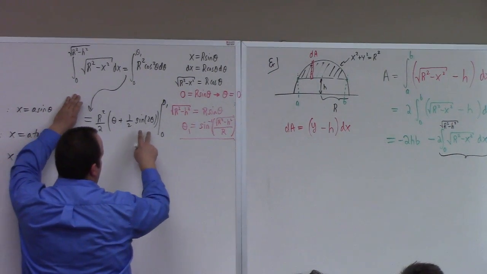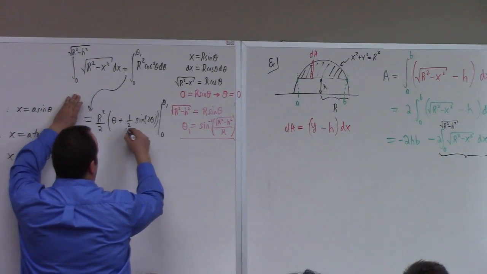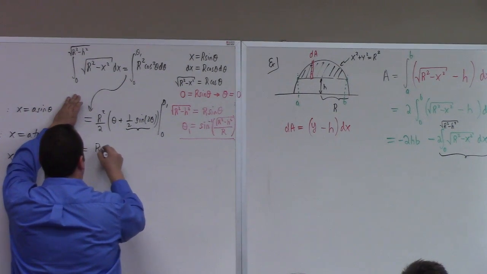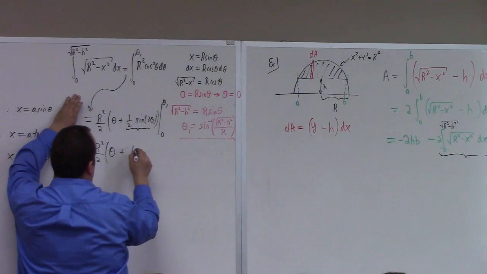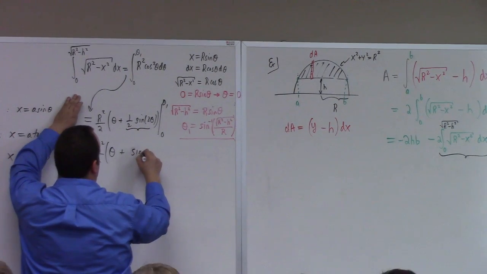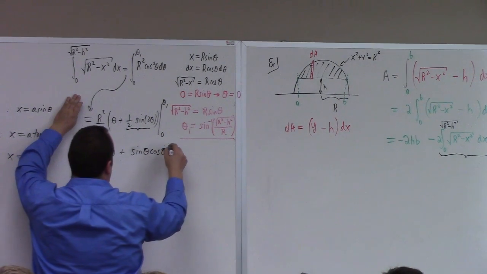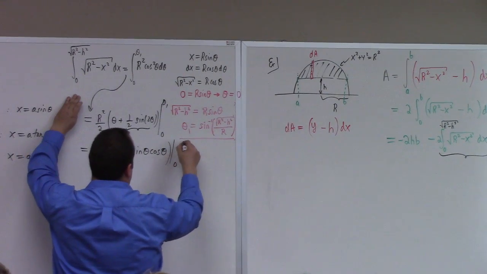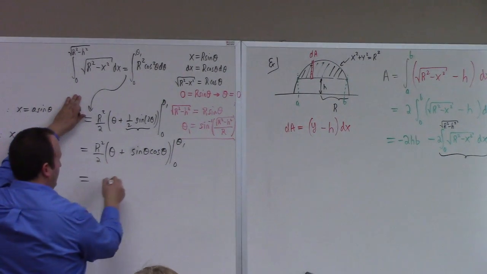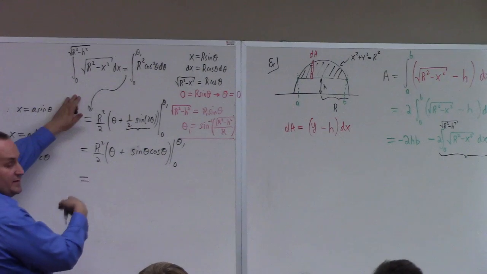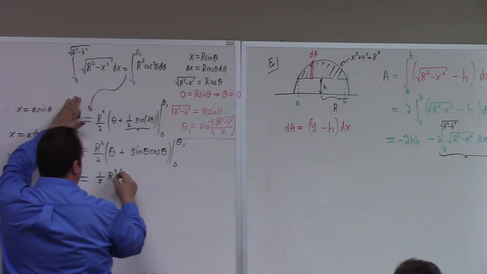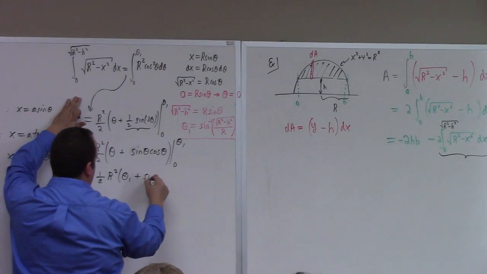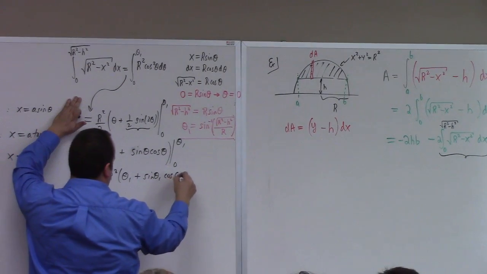We said 1/2 sine 2 theta, we can rewrite that as sine theta cosine theta, right? And of course, you plug in 0, you get nothing. The upper bound gives you theta 1, so we get 1/2 r squared times theta 1 plus sine theta 1 cosine theta 1.